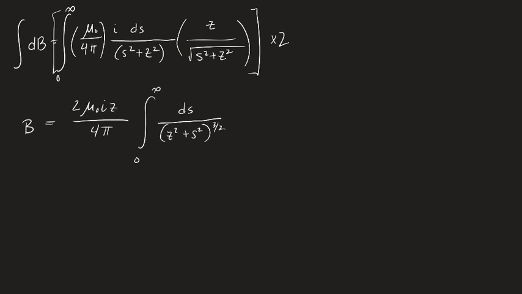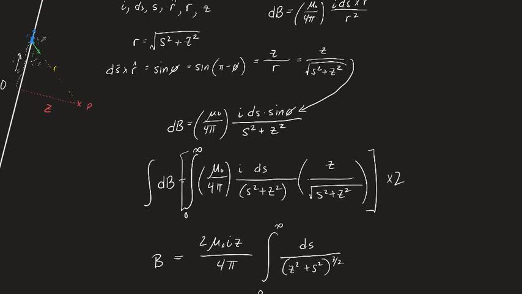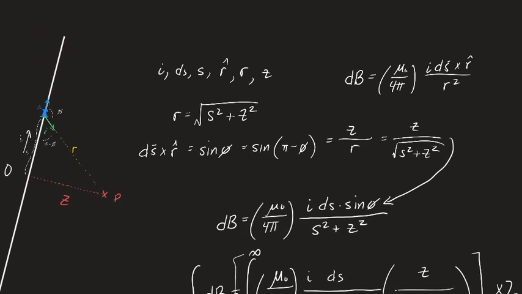The choice that could have made it so we didn't get stuck like we are here was a choice we made way back here when we decided that we were going to do the entire problem in terms of s. We didn't have to. There are other variables we could have chosen to use here. For example, we could have done the whole thing in terms of the angle. That would work. I mean, the angle goes from 90 degrees to 0, right?